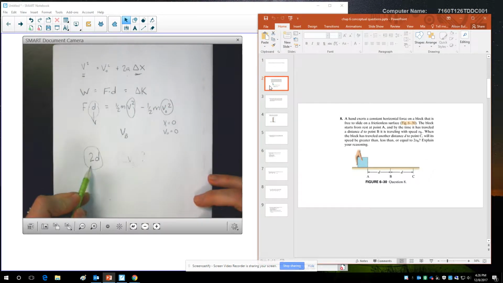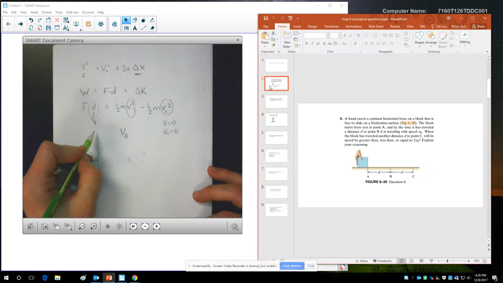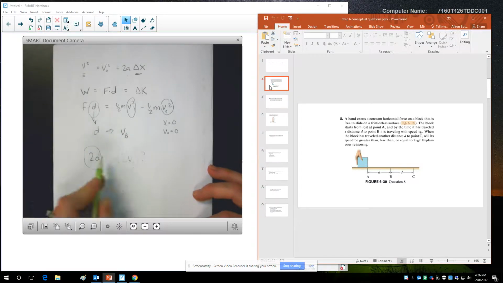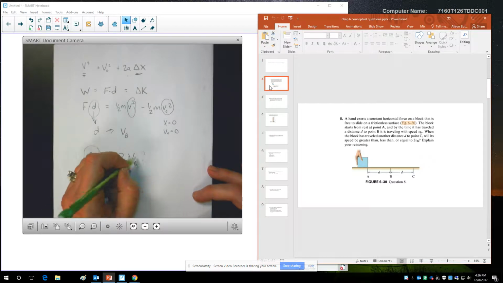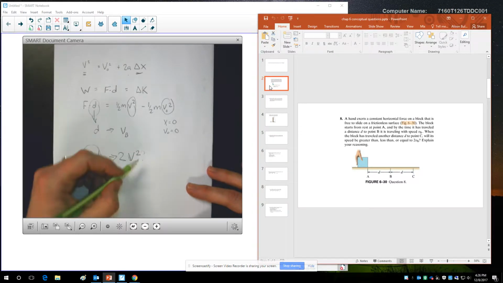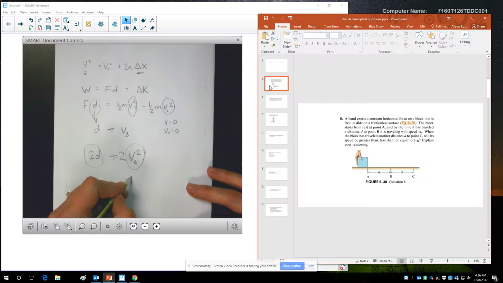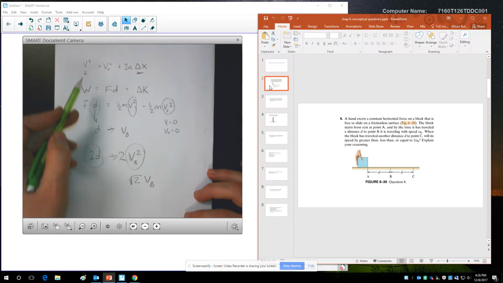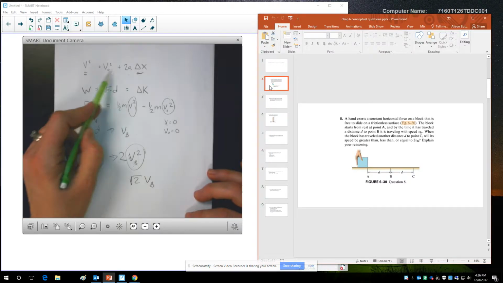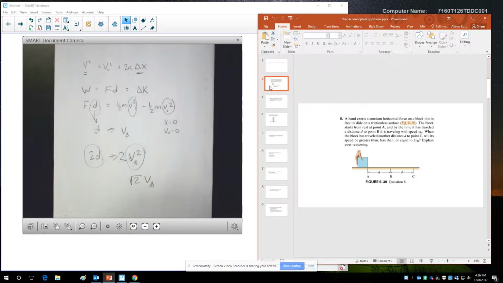So double the distance, not double v, but double vb, quantity squared. So the velocity has not doubled, but increased by square root of 2 because of that velocity squared relationship. We have the same relationship if we think about Newton's second law and the velocity squared kinematics equation.